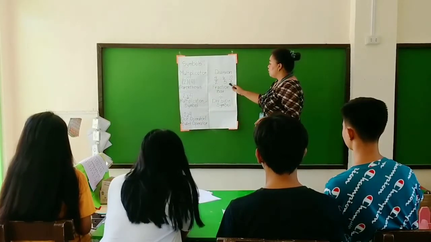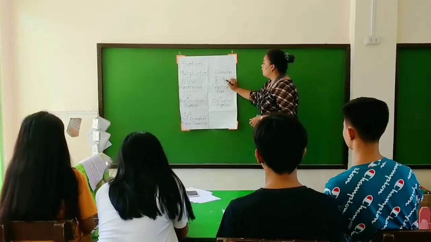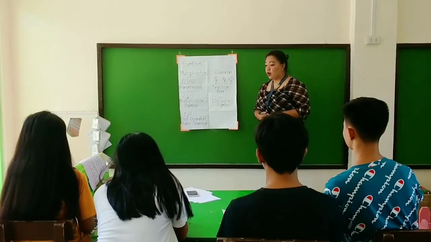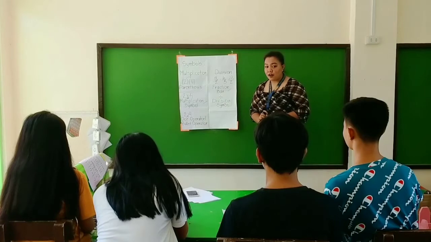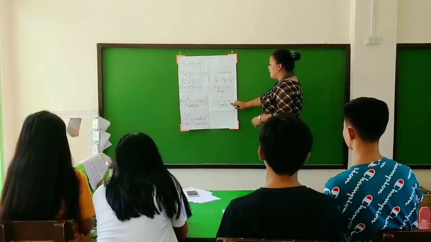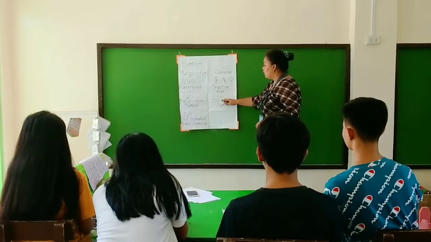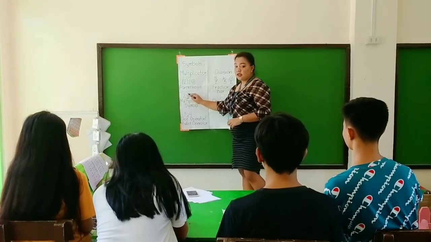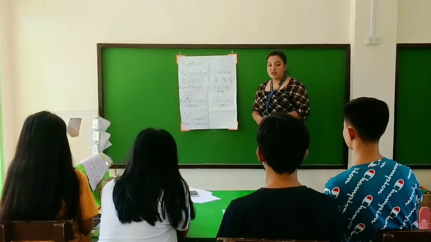So for the division, we have this one. That is what we call the fraction bar. When you see a fraction bar, that is equivalent to division. Next is the division symbol. Are you familiar with the division symbol?